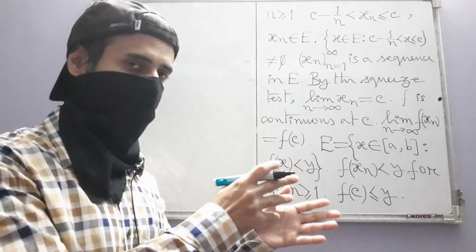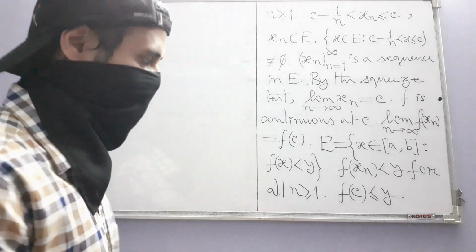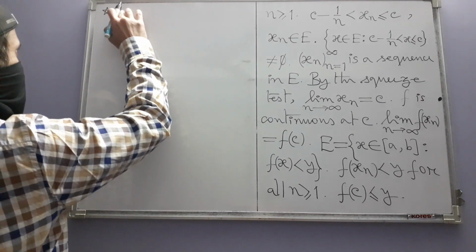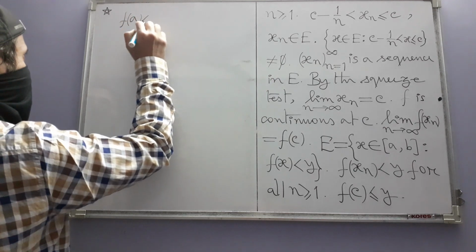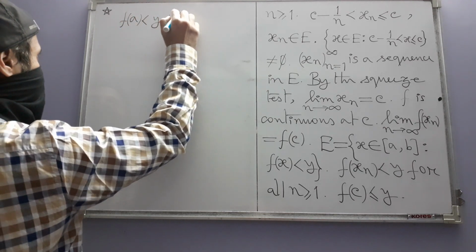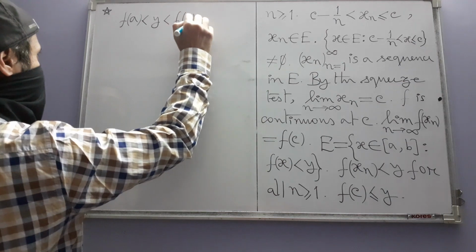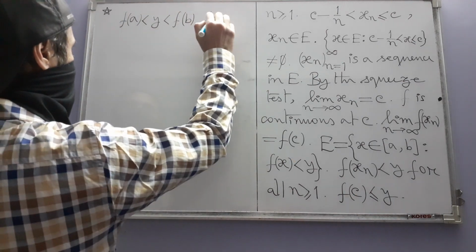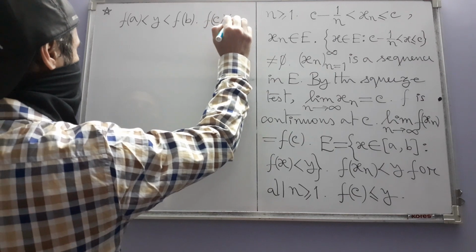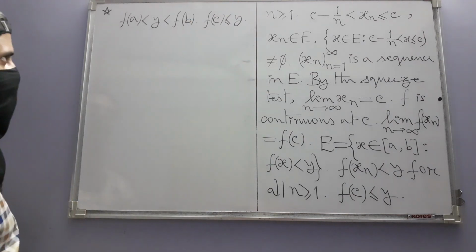That is the case we are in right now, right? We are in this case, and we now have this as well: f of c is less than or equal to y.